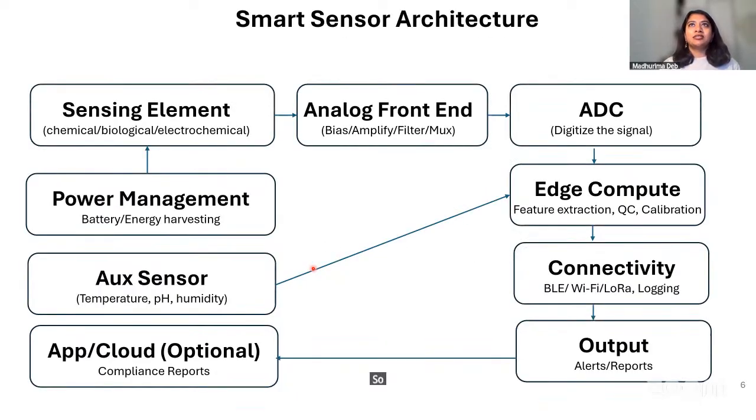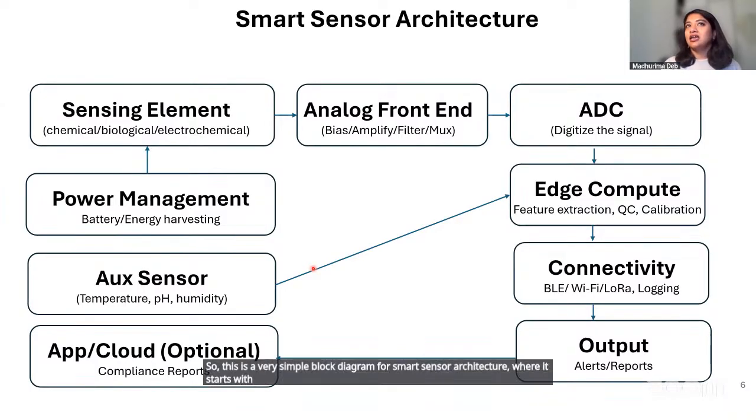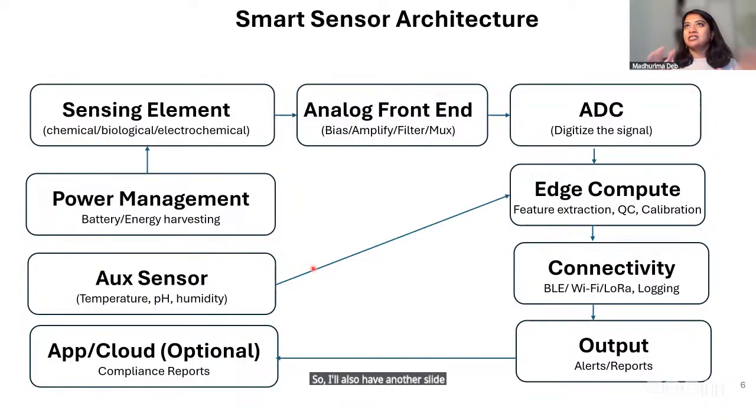So this is a very simple block diagram for smart sensor architecture, where it starts with the sensing element. I'll also have another slide connecting to this one, where we have a physical phenomenon that is converted into an analog signal with the help of the sensing element.